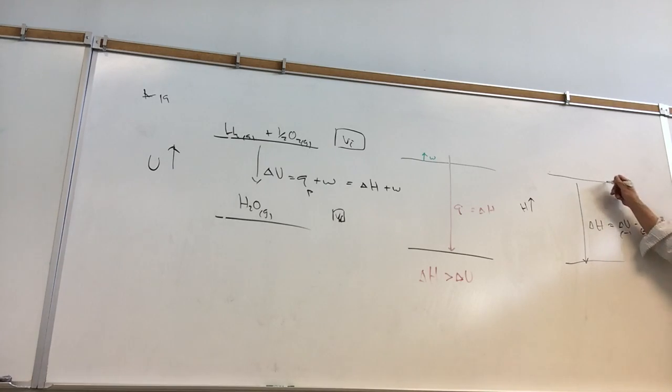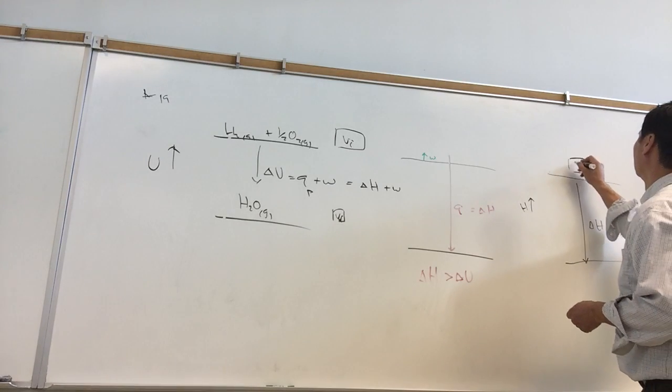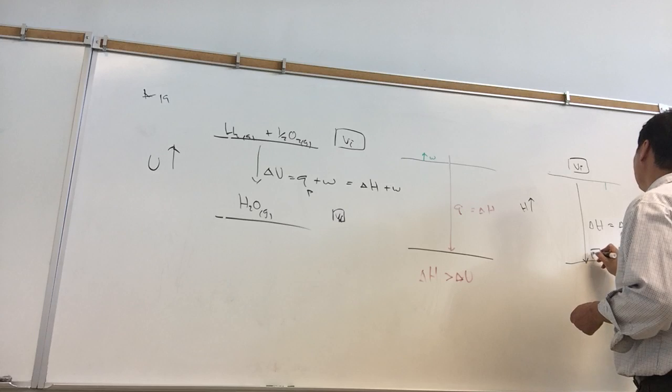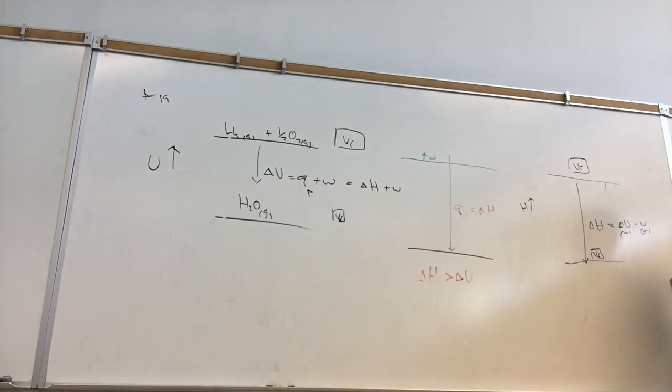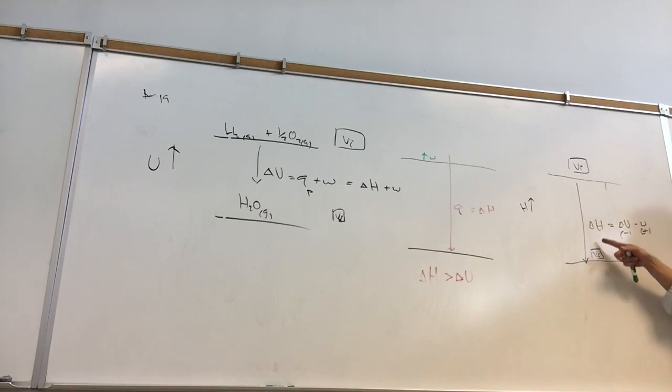The system loses energy, or no, this has to be the same, because we're going from V initial to V final. If we're going from V initial to V final, then the system gains energy, right?